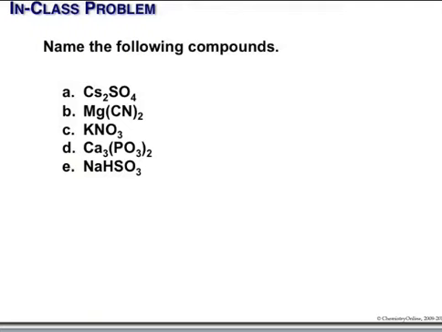CS is cesium, isn't it? Cesium's a metal. Therefore, this is ionic. No multipliers. SO4 is sulfate. This is cesium sulfate.